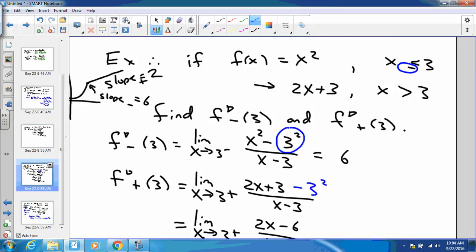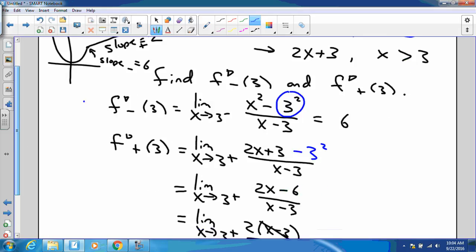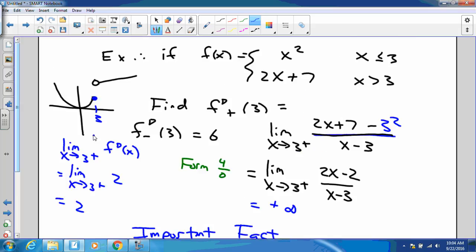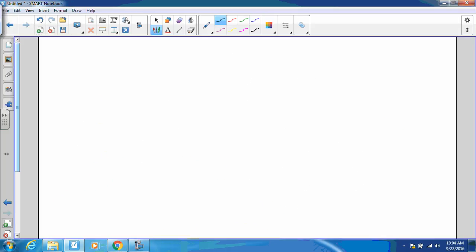We've had 2 different piecewise functions now that have, in the first case, been continuous, and in the second case, been discontinuous, and neither one of them have had derivatives at 3.